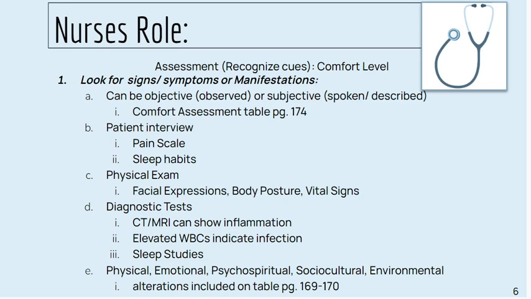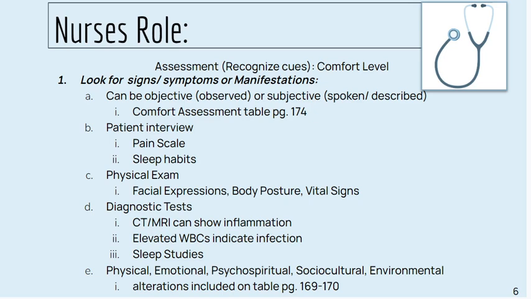So what is our nursing role in the whole comfort and sleep system here? Our role first is to recognize our cues, or this is when we do our assessment. We need to understand what level of comfort our patients are in, so that we can further develop a plan or interventions to help them either achieve a greater sense of comfort or just improve their overall health.